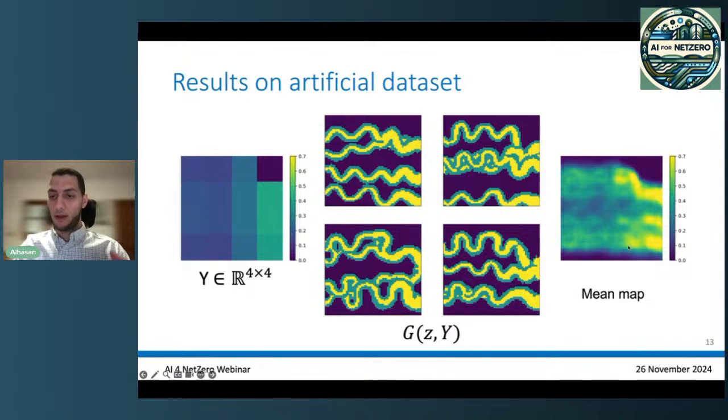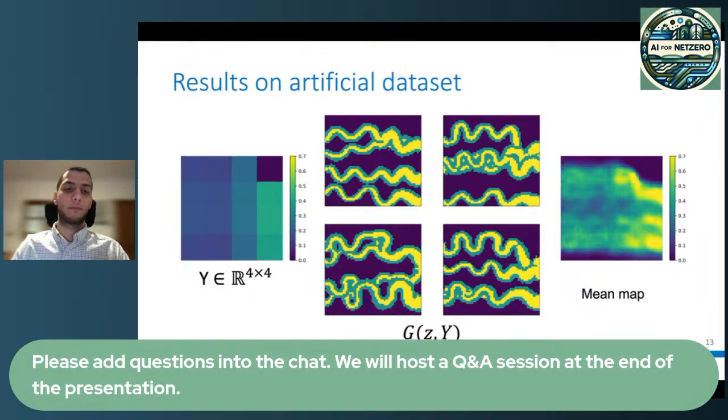And here I'm just plotting the mean map across the whole spatial domain. The mean is calculated across 50 generated realizations.